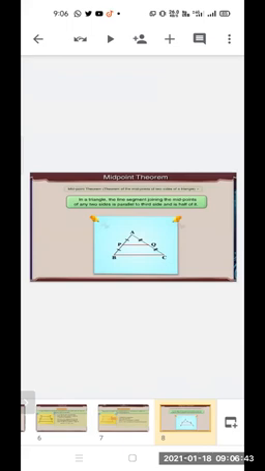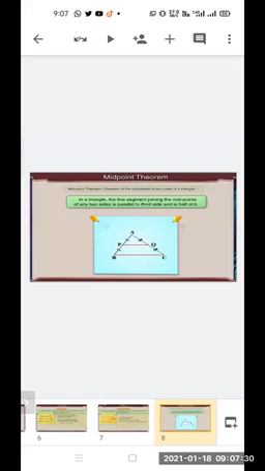So here P and Q are the midpoints of side AB and side AC of the triangle. PQ is parallel to the third side BC, and PQ is half of BC. So the midpoint theorem: in triangle ABC, the line segment joining the midpoints of any two sides, here P and Q, the midpoints of side AB and side AC, is parallel to the third side.